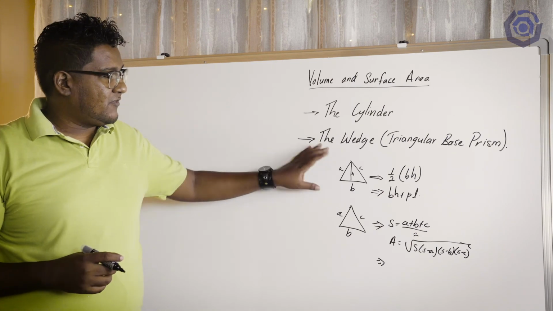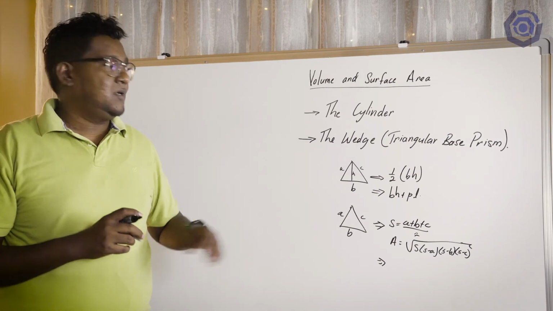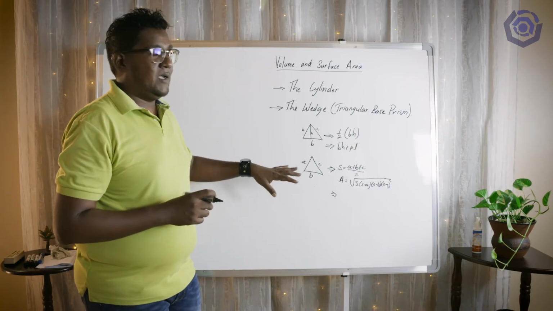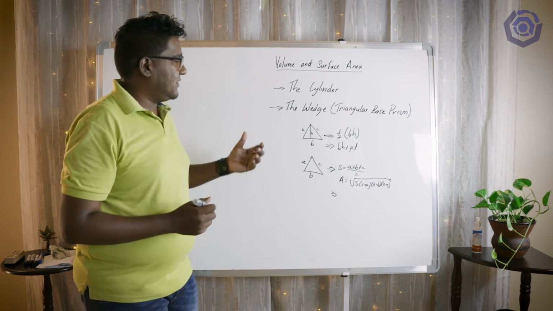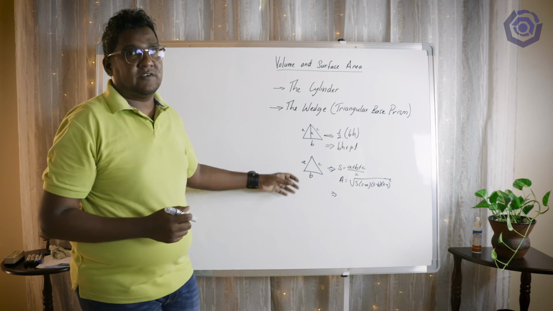So whatever is given, you would have to see that and apply the relevant formula in order to find the volume and total surface area of the wedge.